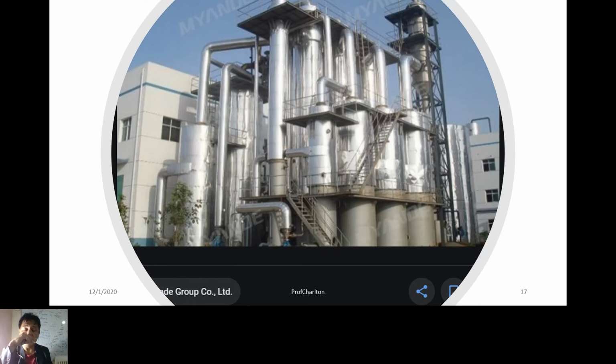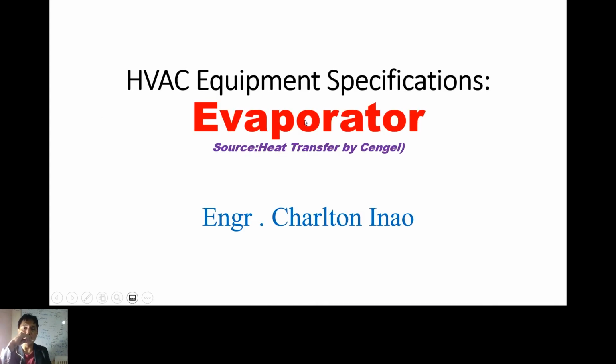So, there are evaporators used in the industry like sa mga paggawa ng beer, alcohol, ng mga paint, ng mga gamot, ng mga pagkain. So, may mga evaporator. Ito yung multi-effect evaporator. So, walang kinalaman to sa refrigeration, pero evaporator din. So, maraming silbi yung evaporator.